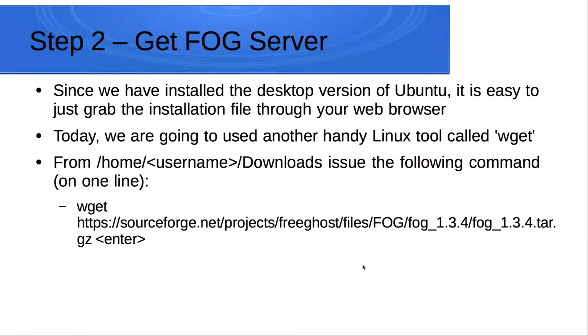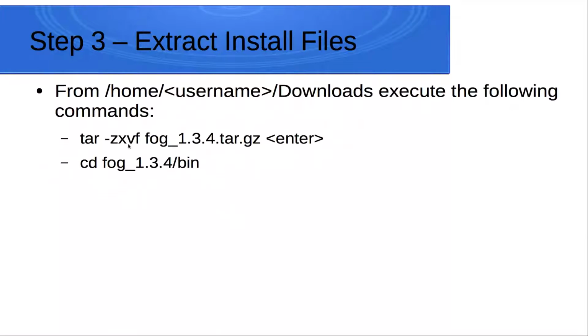Since we've used the desktop version of Ubuntu, it's easy to just grab the installation files through your web browser. Today we're going to use a tool called wget. We'll enter this command here from the command line in the downloads folder, and I'll show you that in just a moment. Then we'll extract the files using tar -zxvf.